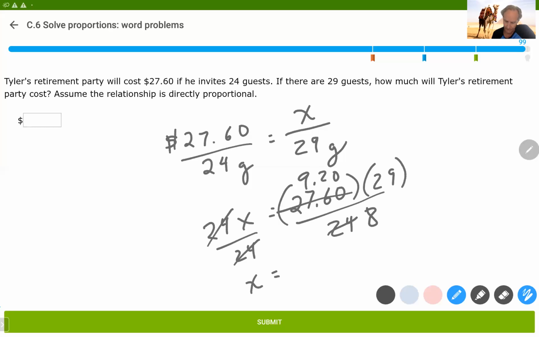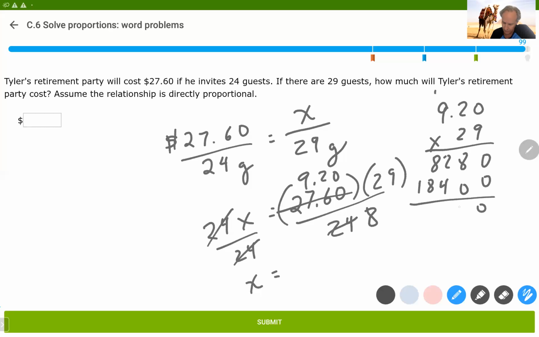Let's go ahead and multiply those and then divide. 920 times 29, that's going to be 8280, 18400, 26680, 2 decimal places.